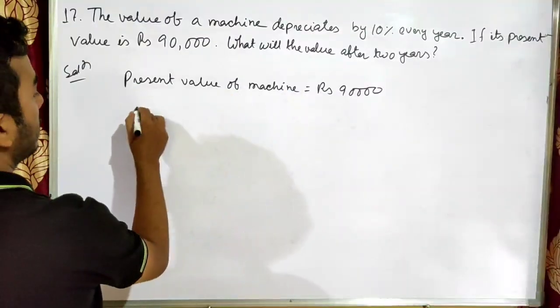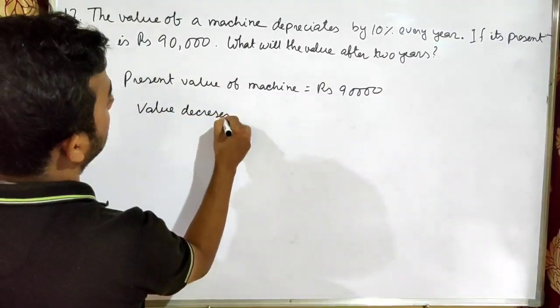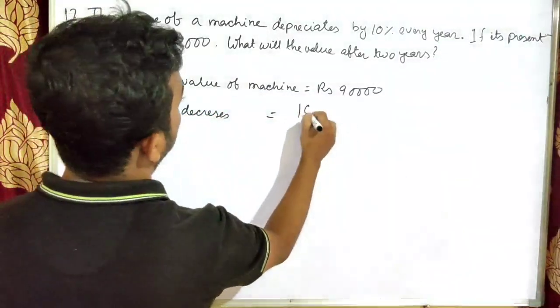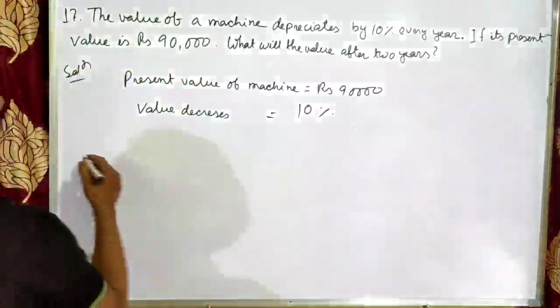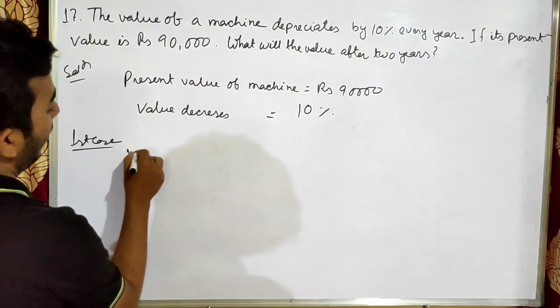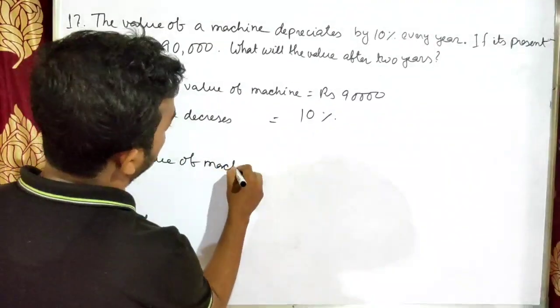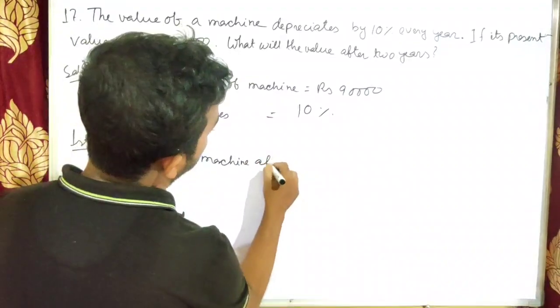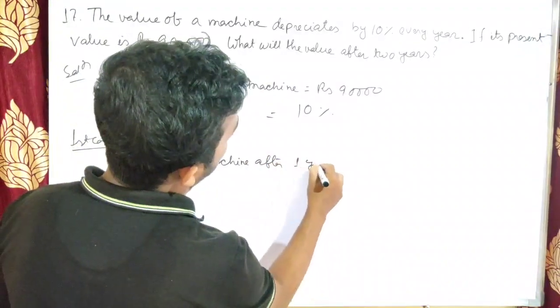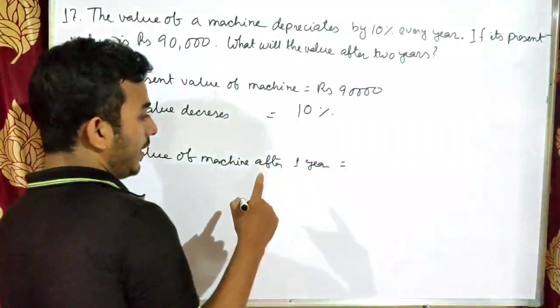And value decreases by 10%. Okay, so we'll write first case, value of machine after 1 year. First we have to find the decrease in value.